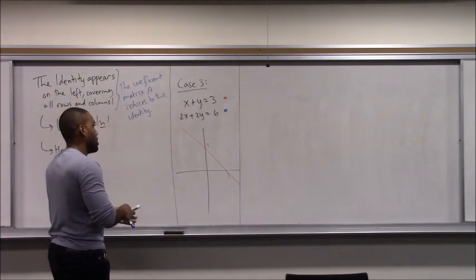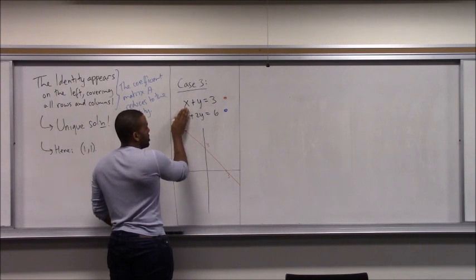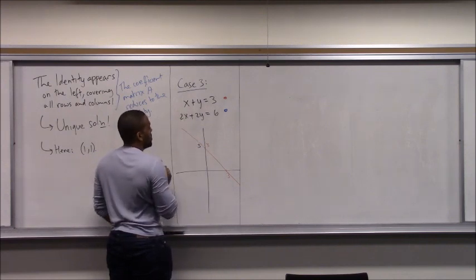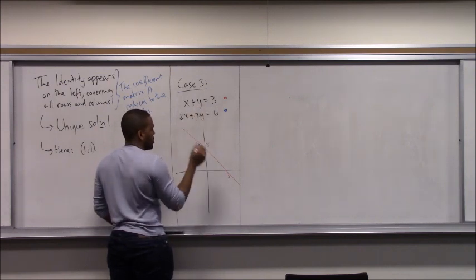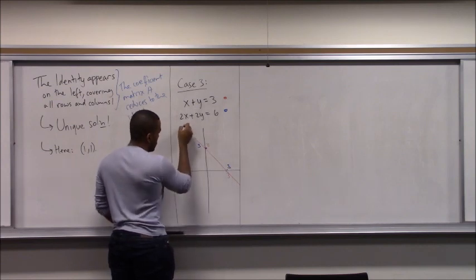Graphing the next one, if x equals 0, I get 2y equals 6, divide both sides by 2, I get y equals 3. Plug in y equals 0, I get 2x equals 6, divide both sides by 2, I get x equals 3. So they pass through those same 2 points.